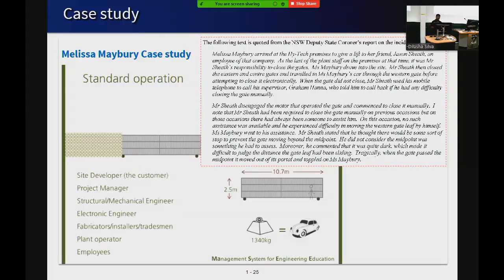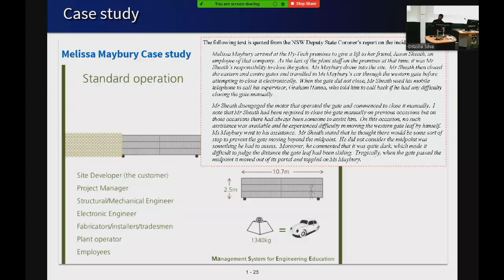So basically it's talking about a 28-year-old young lady who came to pick up a friend from the place where these gates are being deployed. When the friend came out to leave, he couldn't open the gates automatically, and so he disengaged the motor and moved it manually.